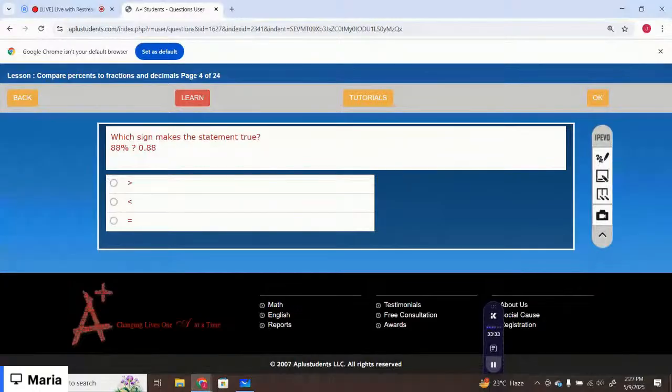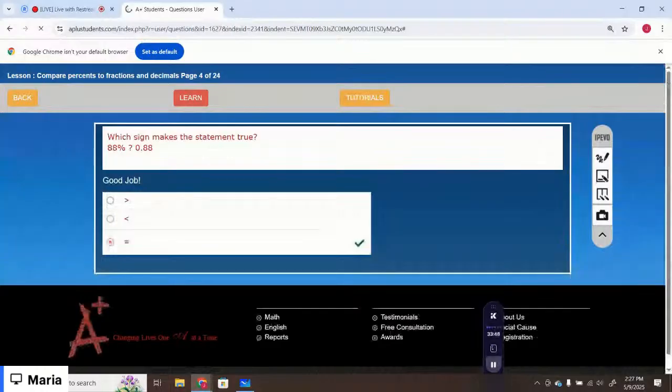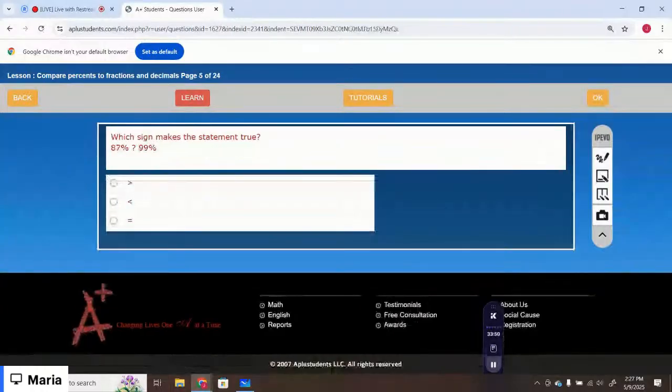Which sign makes the statement true? 88% and 0.88. When you convert 0.88 into percentage form, both sides are exactly equal. Which sign makes the statement true?